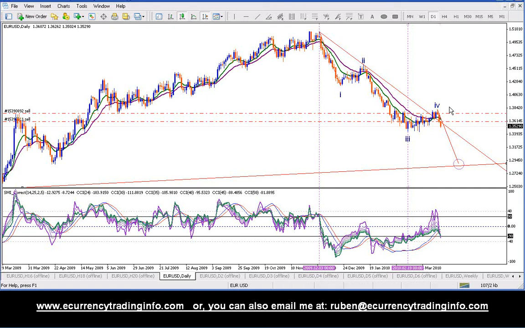We are not sure, but it looks like it. This looks corrective compared to this, and this looks very impulsive actually. So it looks like 4 is over and 5 has begun. But we will go to the shorter time frames to look at more details of that.